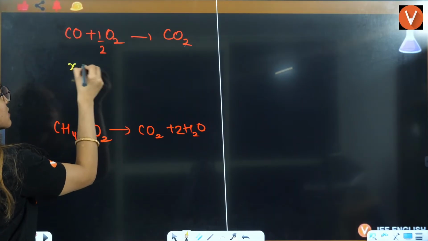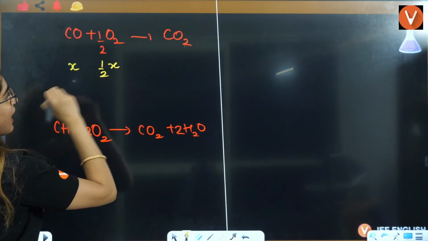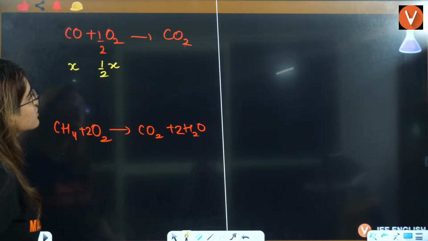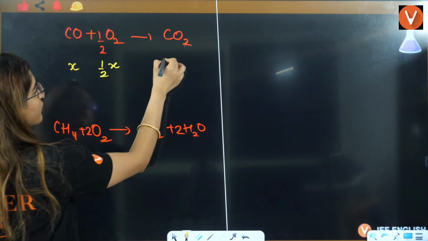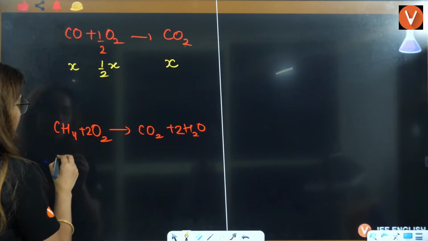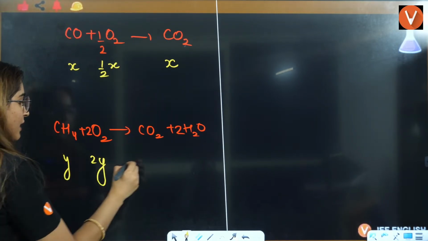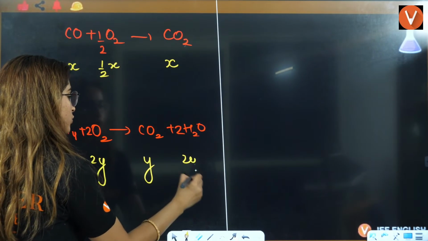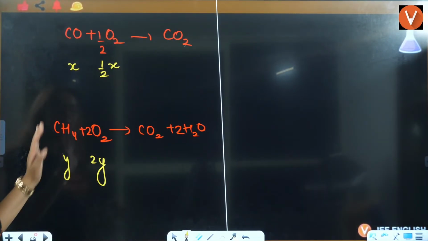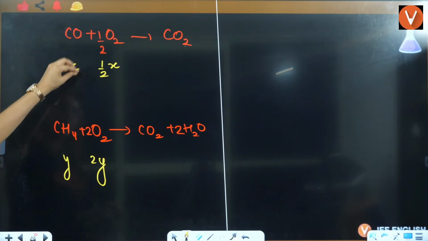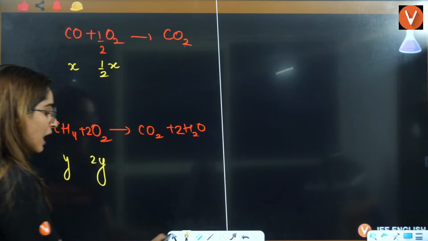This is X, so the oxygen needed is 1 by 2 X, right? And how much CO2 is formed? The same amount as the CO you have here, so X amount of CO2 will be formed. This is again Y, the oxygen needed will be 2Y, and this is Y, and the water formed will be 2Y. Originally you have X of CO and half X of oxygen, Y of CH4 and 2Y of oxygen.